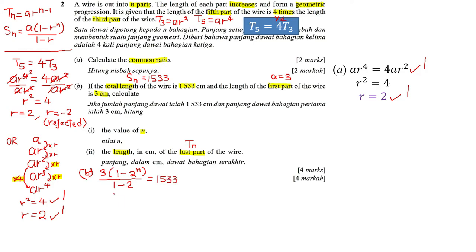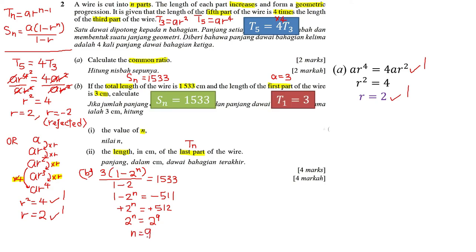Both sides divided by negative 3, I get 1 - 2^n equals negative 511. Okay, I move the 1 to the other side. I get negative 2^n equals negative 512. So both sides multiply with negative to make it become positive. 2^n is equal to 2^9. That will give us n is equal to 9.